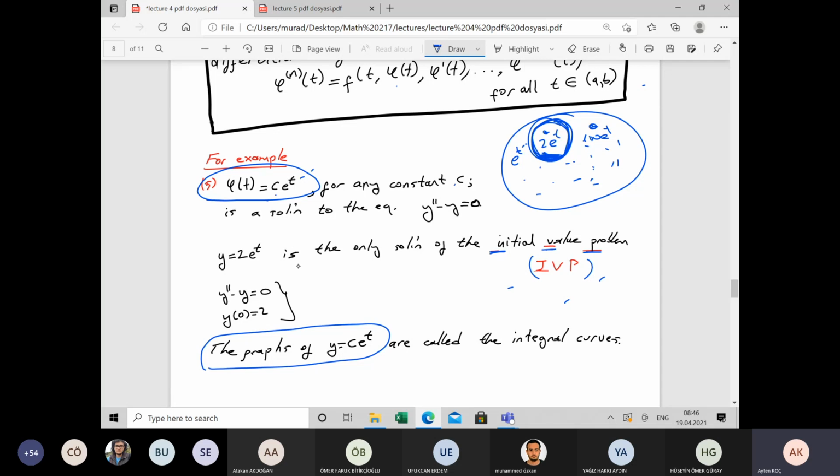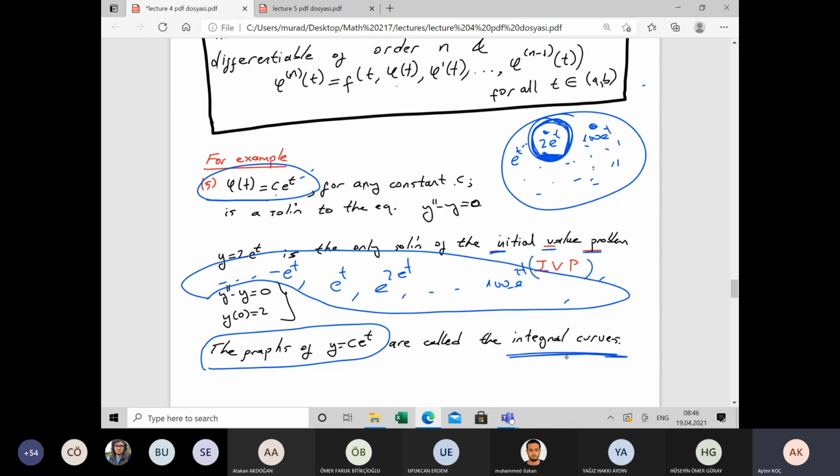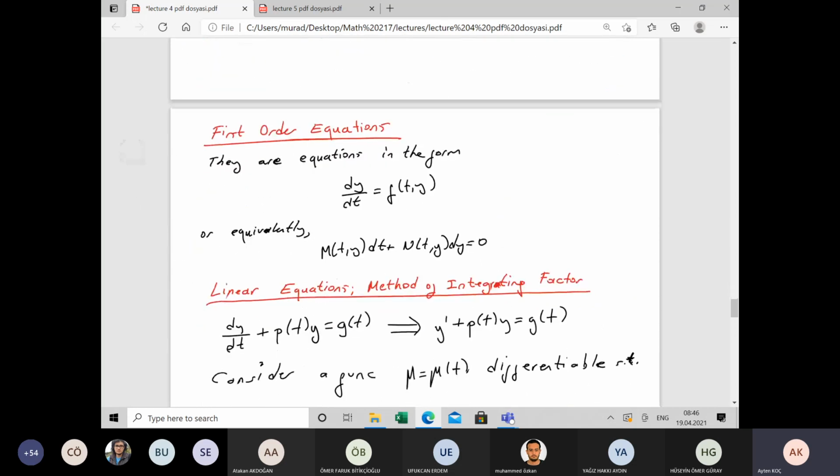For example, take C is 1, e to the t, another one 2 e to the t, 100 e to the t, or minus C, any constants, minus e to the t, and so on. Look at the graphs of these functions. These graphs are called the integral curves.